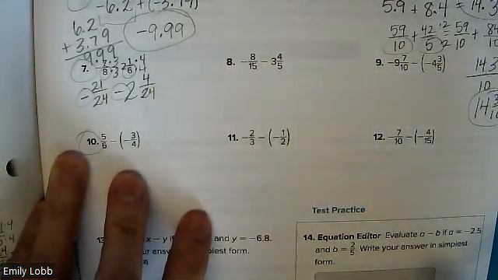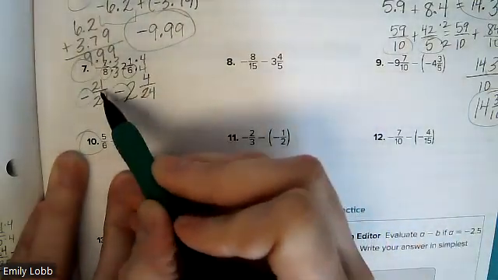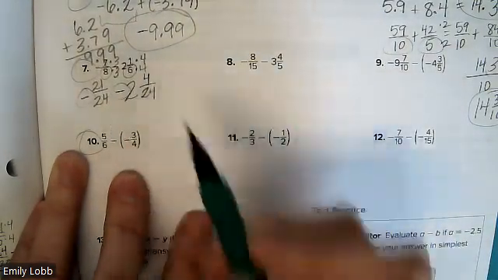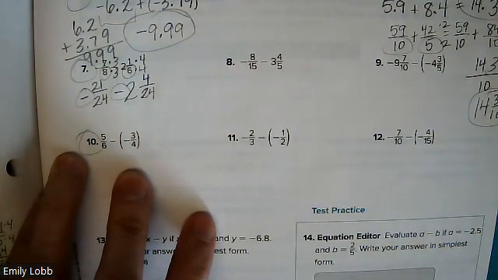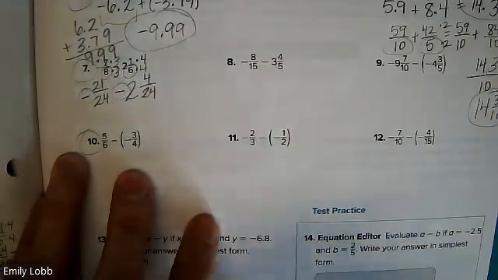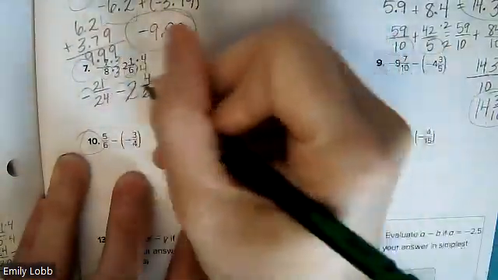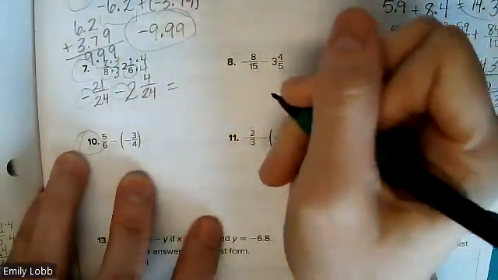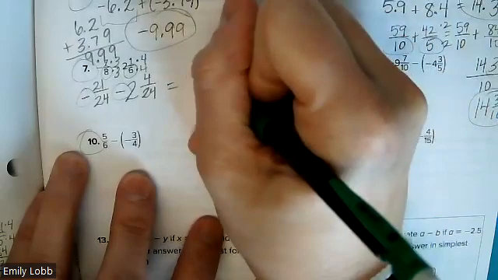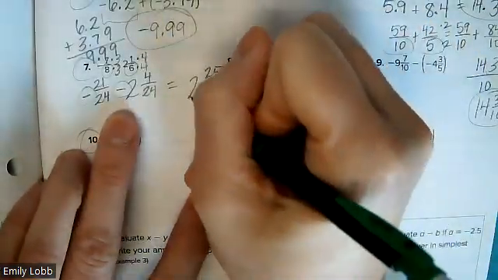They're both negative, so we're really finding the sum. What's 21/24 and 4/24 combined? What's 21 plus 4? 25. Excellent. So 25/24, but I can't forget that I also have a 2.